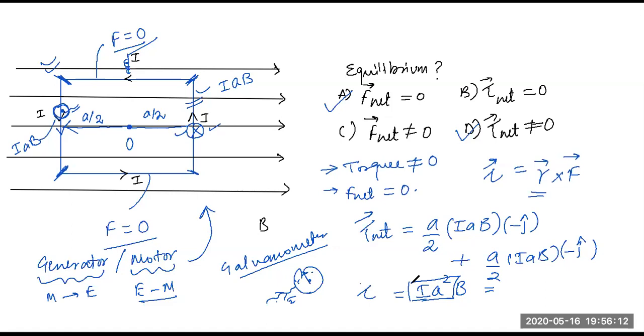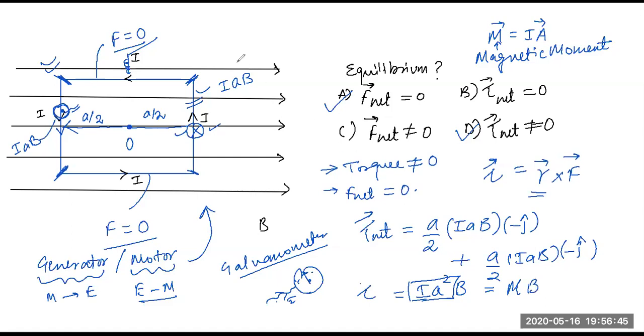Right. So this quantity I into A square is what you call the magnetic moment, right? So M is basically a vector and it is I into A. We'll talk more about this, but just now I wanted to introduce it here. So M is the magnetic moment. So M into B. Right?